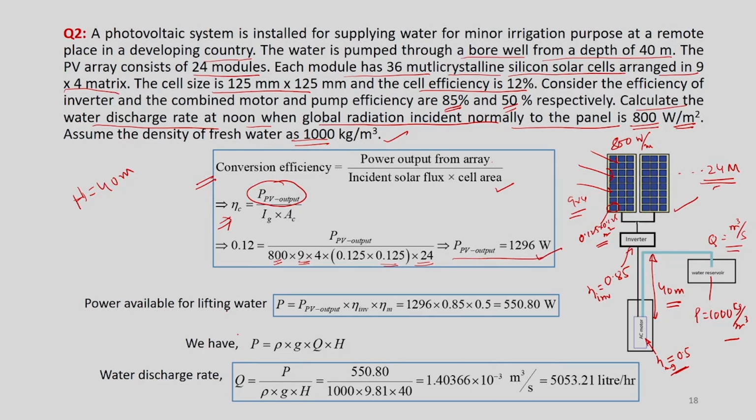The power available for lifting water is the PV output multiplied by the inverter efficiency and then the motor generator efficiency.